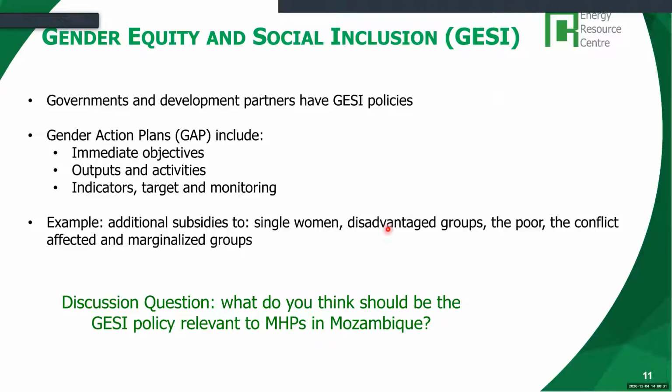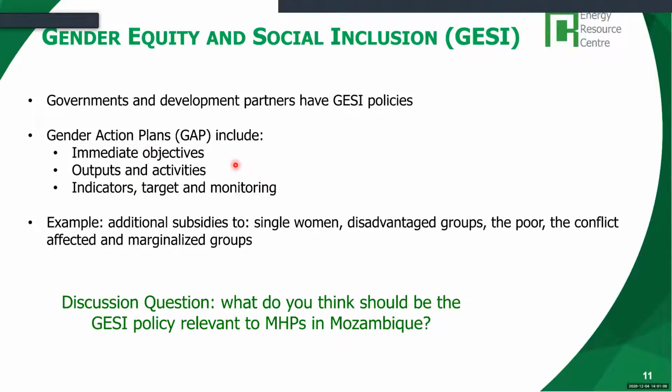They want to make sure that single women, disadvantaged groups, widows, the poor, conflict-affected groups and marginalized groups are not discriminated against, number one. Also, there is a positive incentive in terms of sensitivity. Big hydropower projects have it for sure. Even for micro and mini, we need to have what is known as a gender action plan.